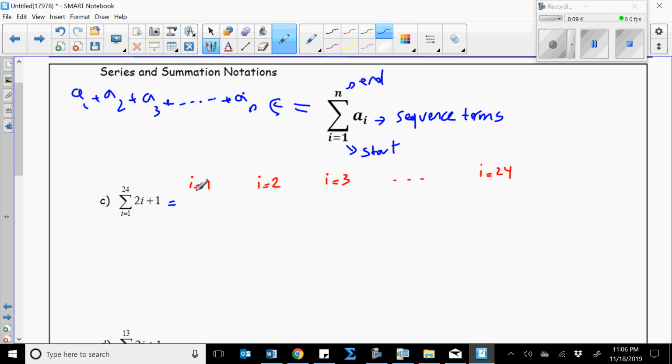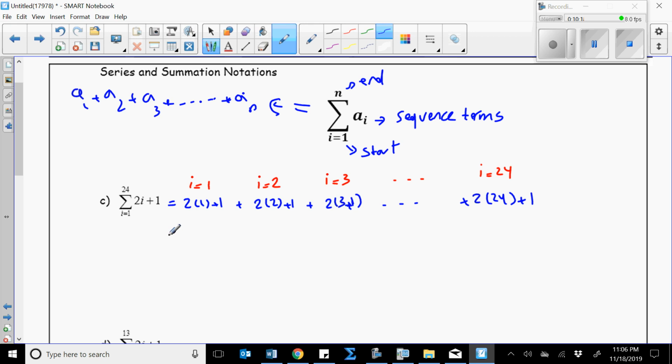Okay, so when i is 1, here the sequence term will be 2 times 1 plus 1. Then the next term, i is 2. So this will be 2 times 2 plus 1. Then 2 times 3 plus 1. Then I will have 2 times 24 plus 1.